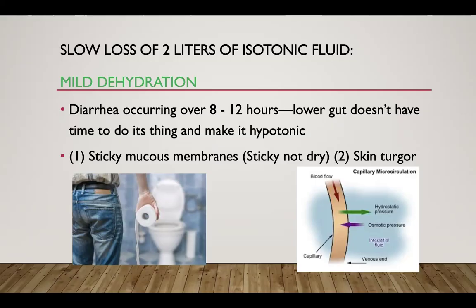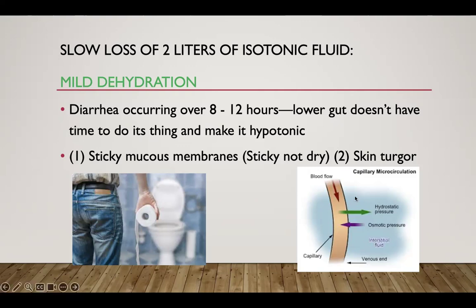So you'll be lower in both vessels and interstitial space. This is why you're going to have decreased skin turgor, because you don't have as much fluid in the interstitial space. And then also your mucous membranes will be sticky.